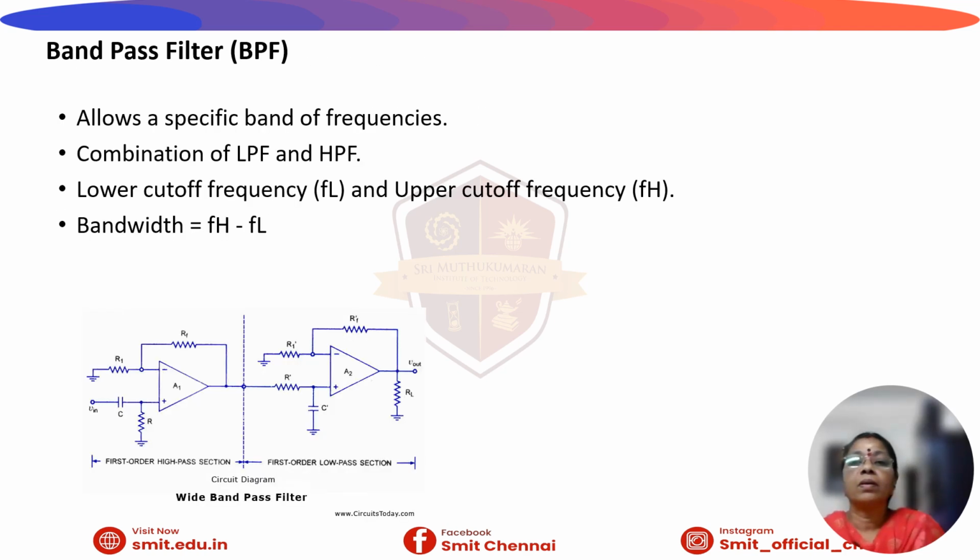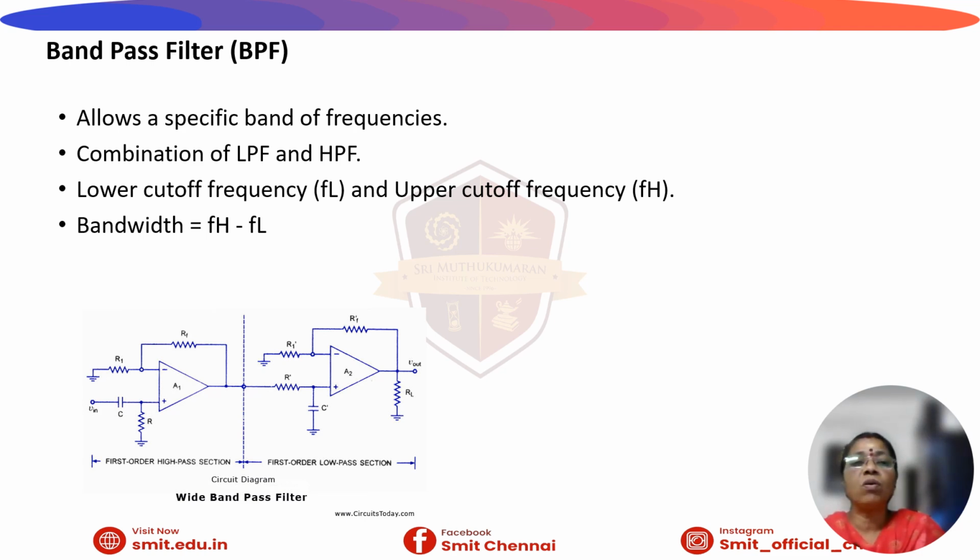An active band pass filter allows a specific band of frequencies to pass through while attenuating or rejecting both lower and higher frequencies. The basic configuration is the cascading of a high pass filter and a low pass filter.